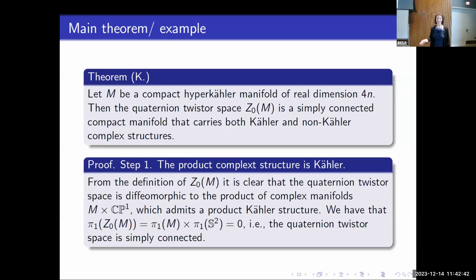So this space is locally diffeomorphic to a product of complex manifolds, M times P1, which is simply connected. So obviously it carries a Kähler structure. But now let's prove that the natural Twistor complex structure is not Kähler.